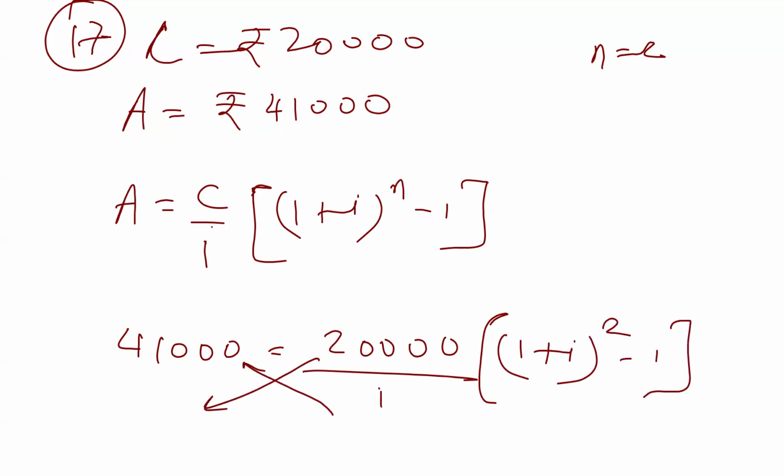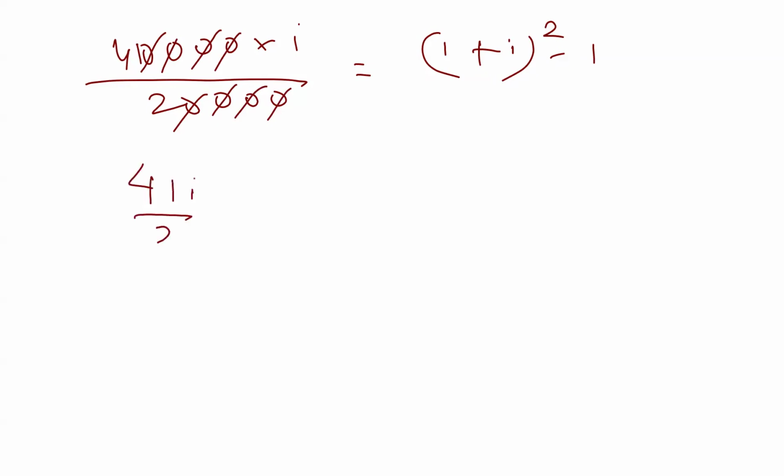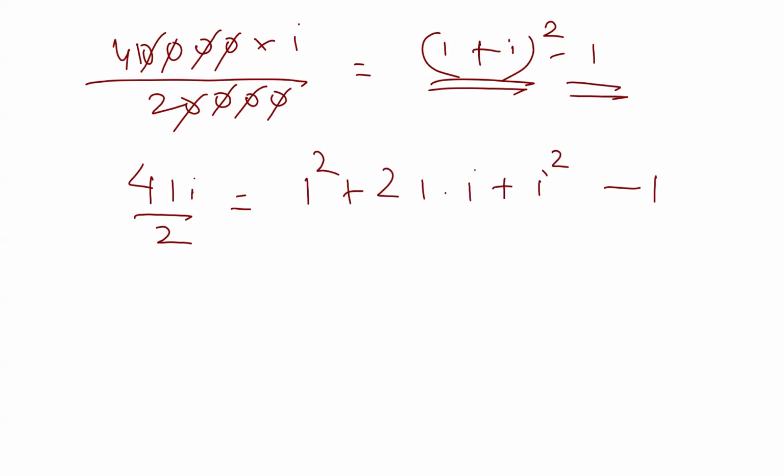Cross multiply. So 41,000 into i upon 20,000 is equal to 1 plus i the whole square minus 1. Cancel the zeros. So this is 41i upon 2 is equal to, apply the formula of a plus b the whole square, a square plus 2ab plus b square, and this minus 1 is also there.